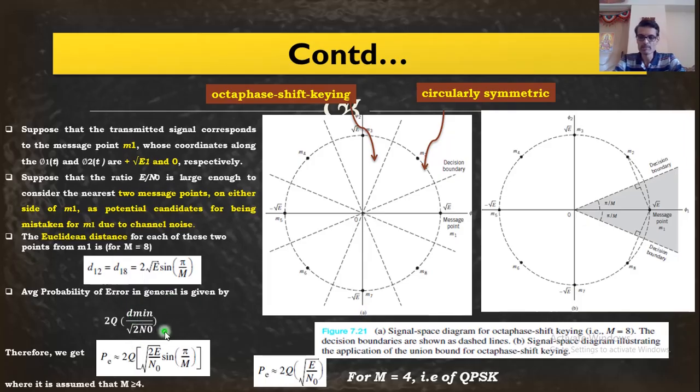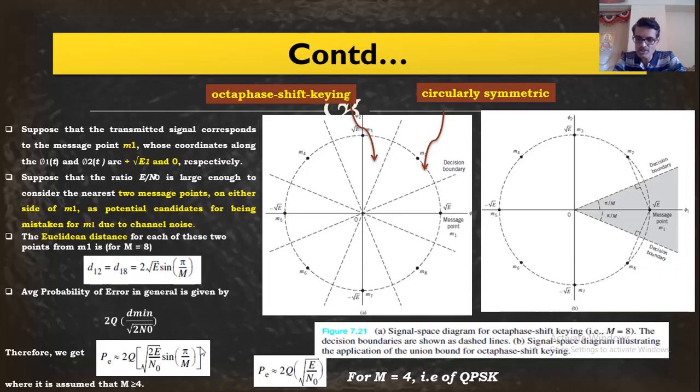This is the average probability of error. And if I substitute that d minimum, the minimum distance or Euclidean distance between the two message points, into this formula, I will get the average probability of error in terms of the Q function, nearly equal to 2 times Q of this particular term. This formula holds good for m more than or equal to 4.